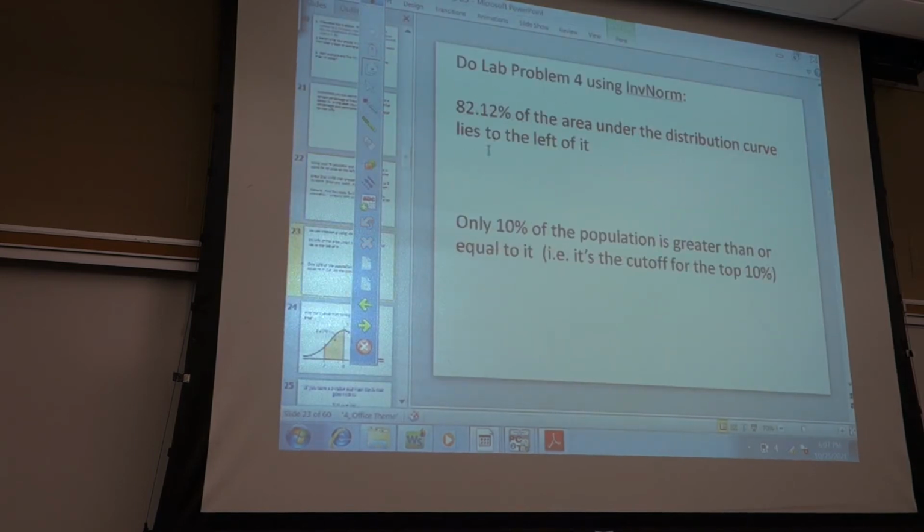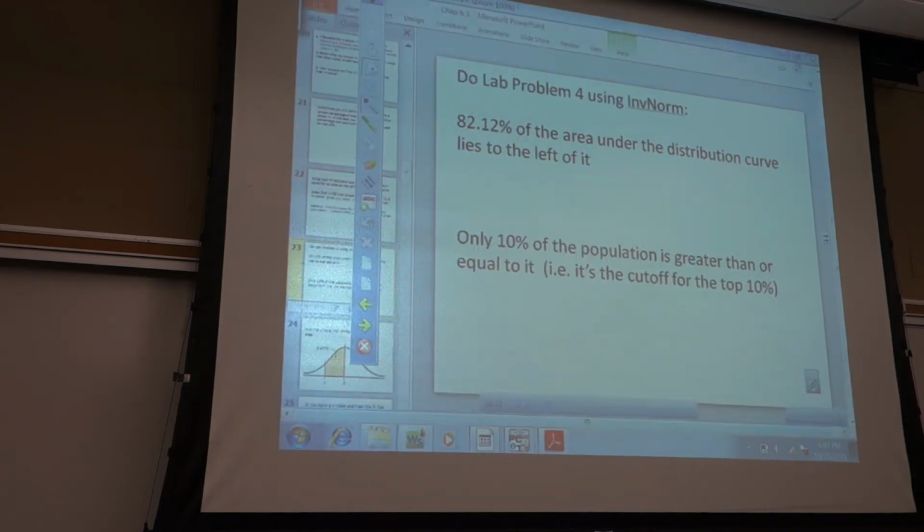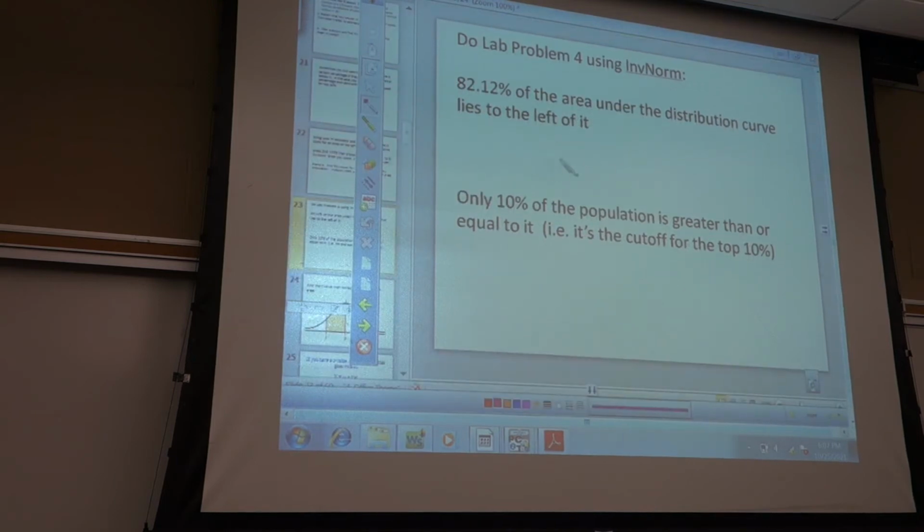All right, so let's do lab problem 4. I'll walk you through the first part. Draw your picture. I want 82.12% on the left of it. So the left side is this side, 0.8212. Write it as a decimal. You're trying to find this number right here.